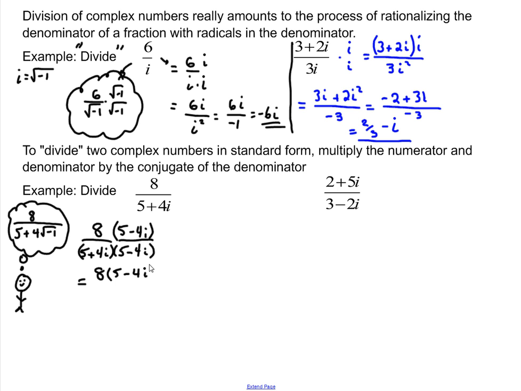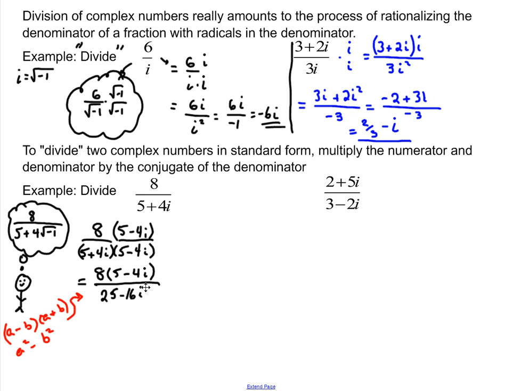And when we multiply those conjugates in the denominator, remember, we're using that rule that tells us that anytime we take a minus b times a plus b, we're going to get a squared minus b squared. So in our denominator, when we rewrite this, we're going to get 5 times 5, which is 25, minus 4 times 4, 16, i times i.